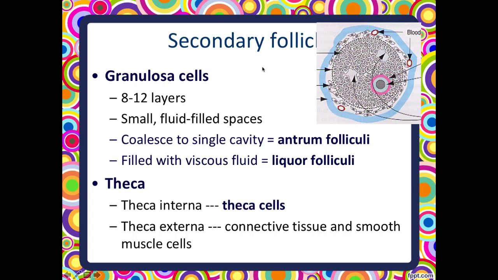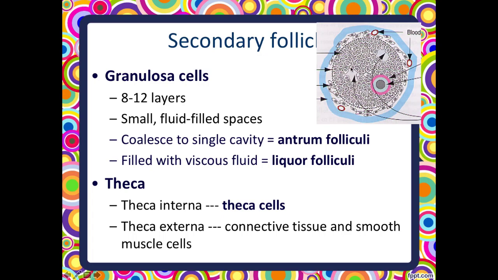Secondary follicle is made by oocyte, which travels eccentrically to the edge of the follicle, and it is still surrounded by zona pellucida. You can see that in the layers of granulosa cells, there start to appear many small cavities.